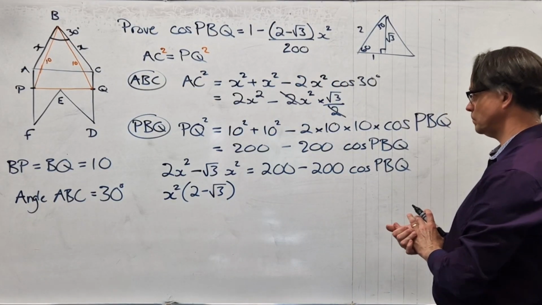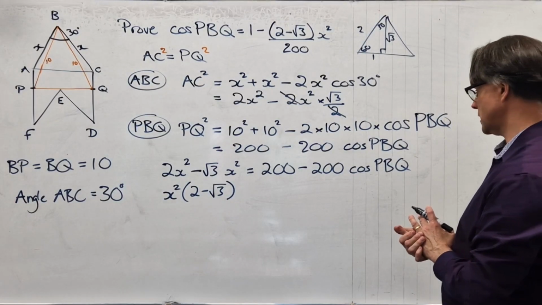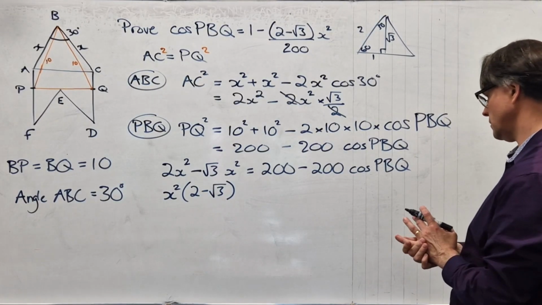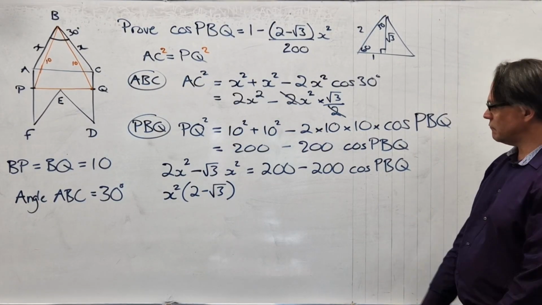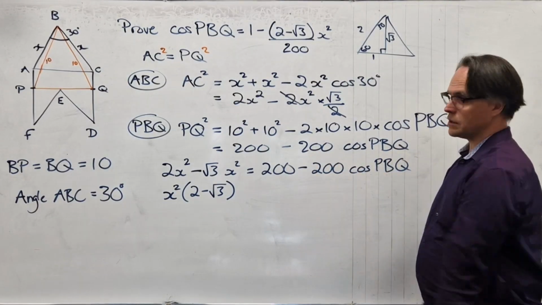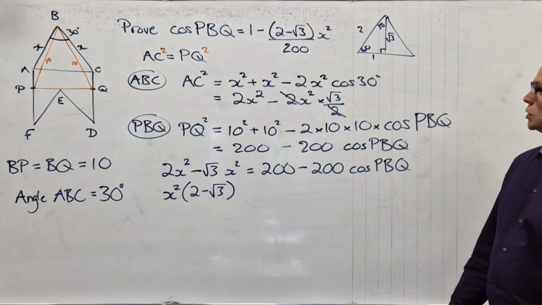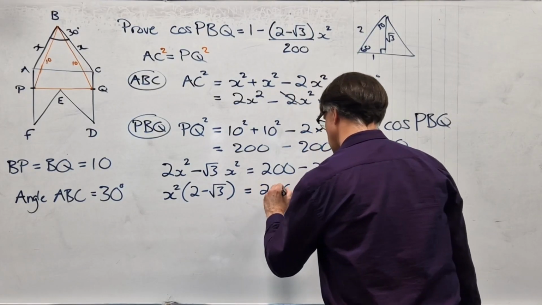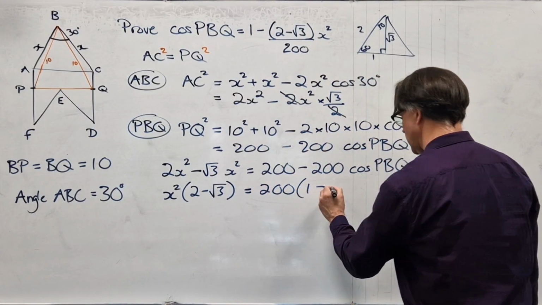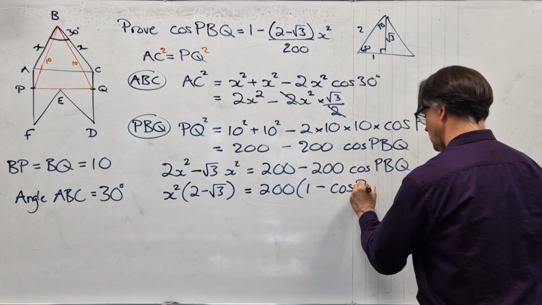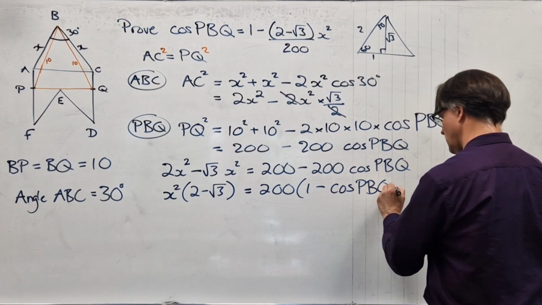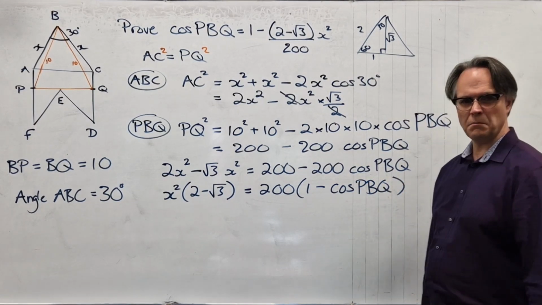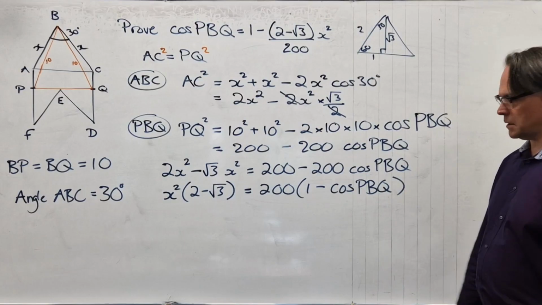Let's factorise out 200. 1 minus cos. In some ways, it doesn't matter what you do as long as you don't make a mistake.